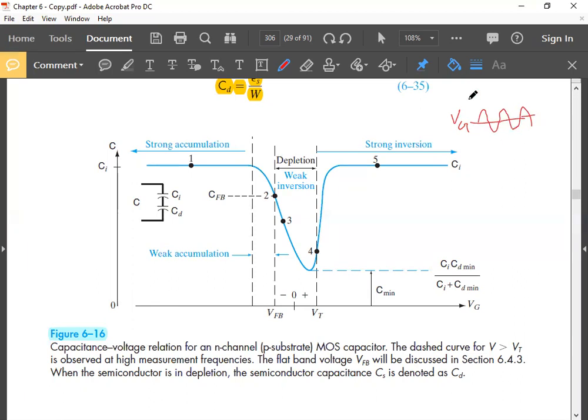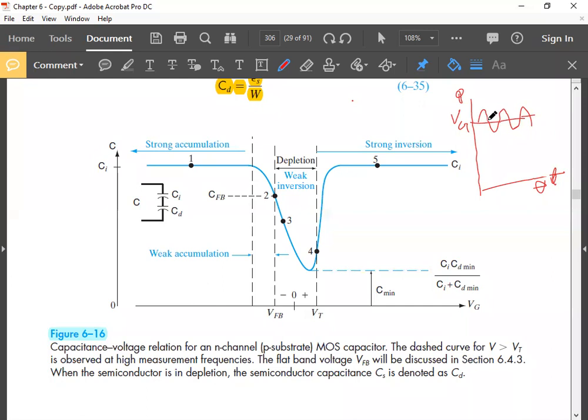Okay, this is VG. Sorry, this is time versus voltage, right? So during this AC positive half, gate voltage is increasing. Correspondingly, negative charge in the inversion layer should increase, right? And in the negative half cycle, gate voltage is decreasing compared to VG.